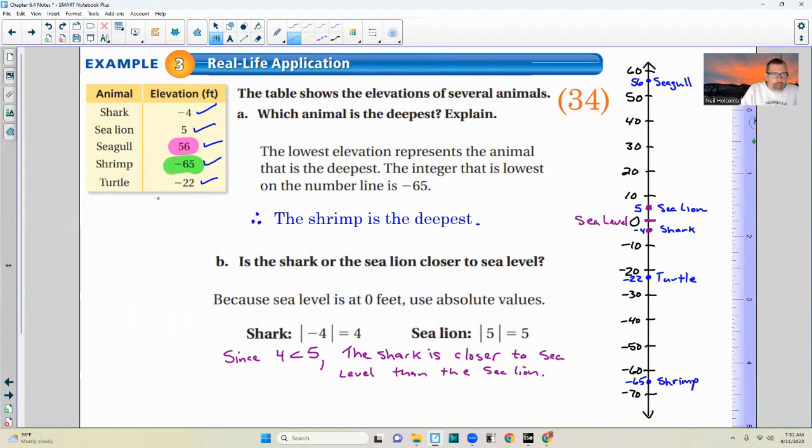Okay, and there's the answer to example 3. Now you should be able to do problem number 34 in your exercises.